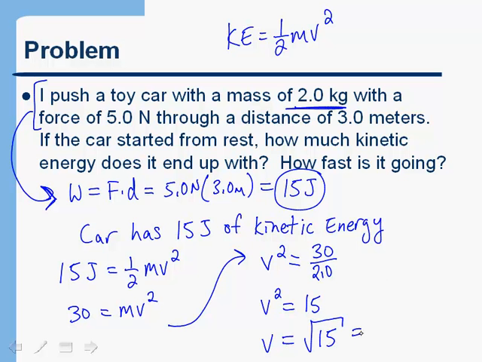And if you do that on your calculator, you'll find that it comes out to 3.87 meters per second. Just meters per second. And that would be how fast the car is going. Okay? So we use the concept of conservation of energy, that when I give energy to this car by doing work on it, that energy is now in the form of kinetic energy of the car.